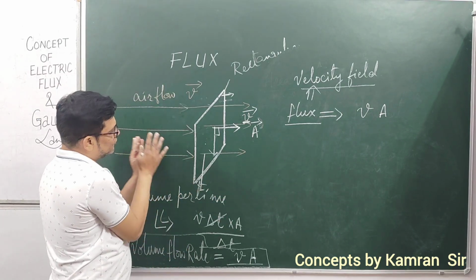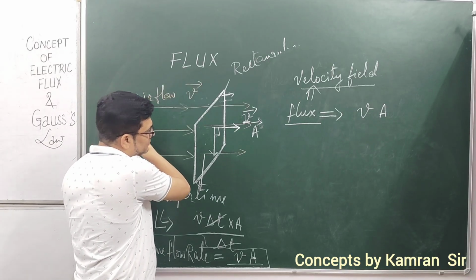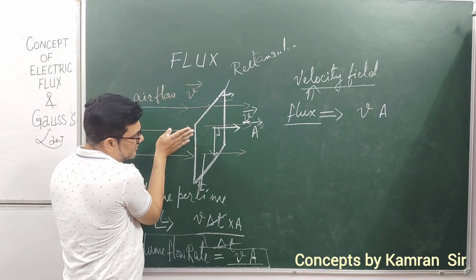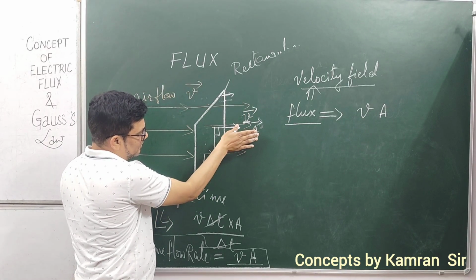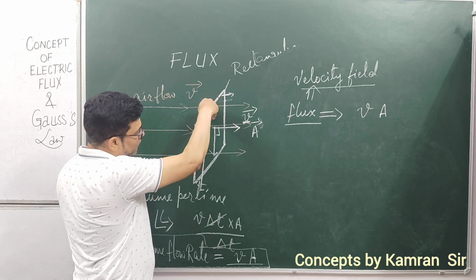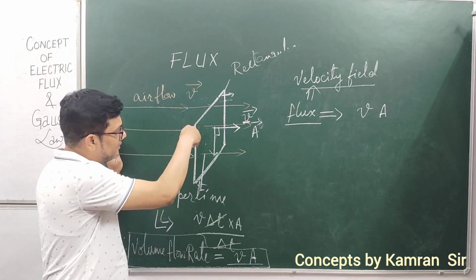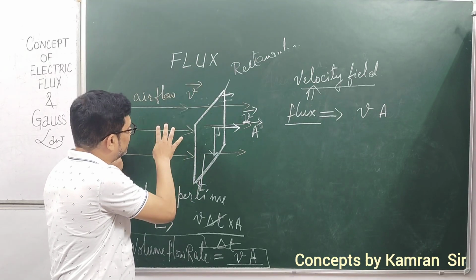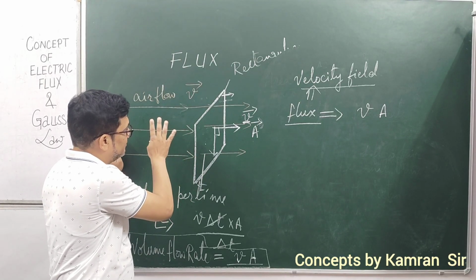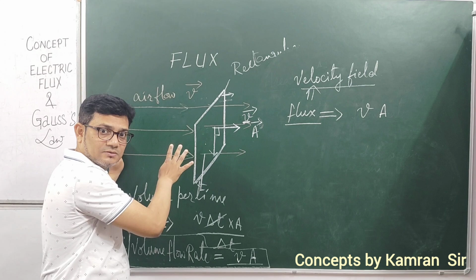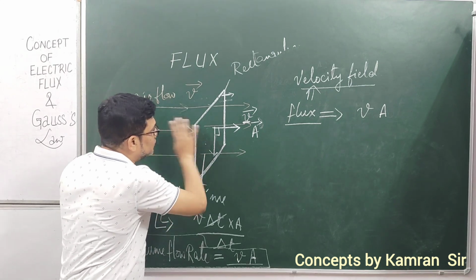So one situation is all of the air is passing through when it is in the direction of the area vector. And if the airflow is in the direction perpendicular to the area vector, then none of the air particles are flowing through it.